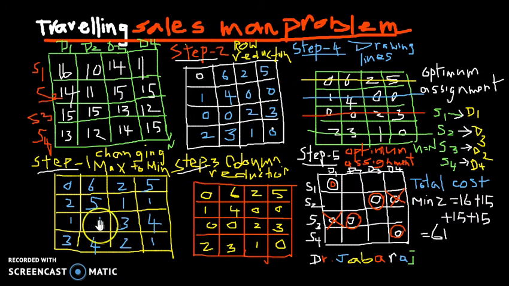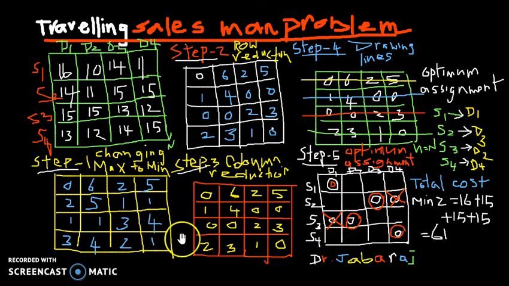Next row, the least number is 1. 1 minus 1, 0. 1 minus 1, 0. 3 minus 1, 2. 4 minus 1, 3. The last row, the least number is 1. 3 minus 1, 2. 4 minus 1, 3. 2 minus 1, 1. 1 minus 1, 0. The total process we call row reduction.